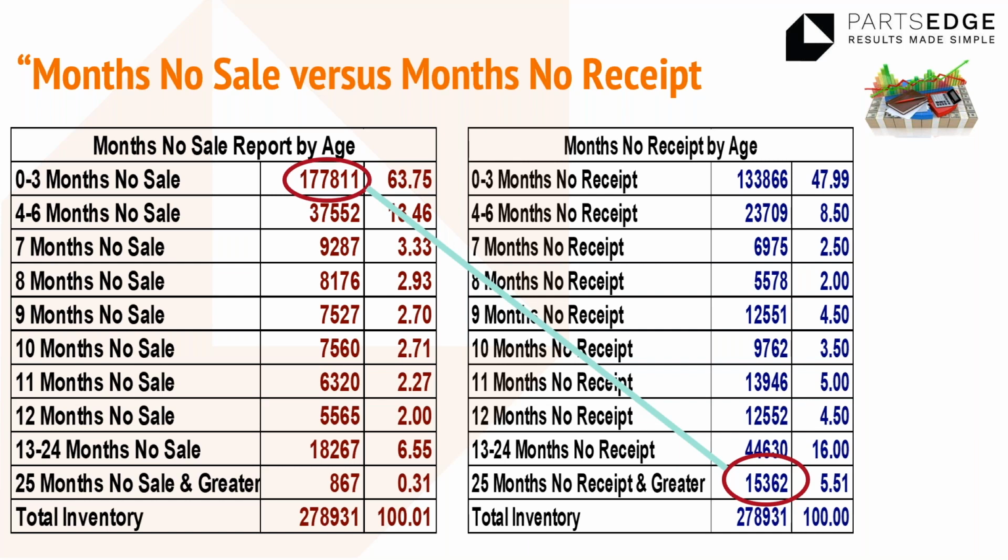So all of a sudden you've got $69,000 based on receipts in obsolete inventory and only $19,000 in obsolete inventory based on the months no sale report. This is where the dealers, remember the last time they wrote a check and you receipted them in, this is what the dealers are looking at. In reality, what you really have is $59,000 worth of obsolete inventory, not $19,000.